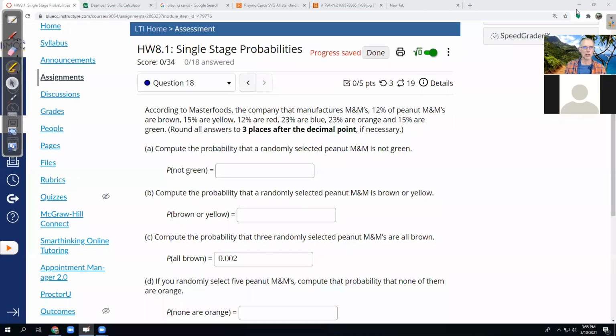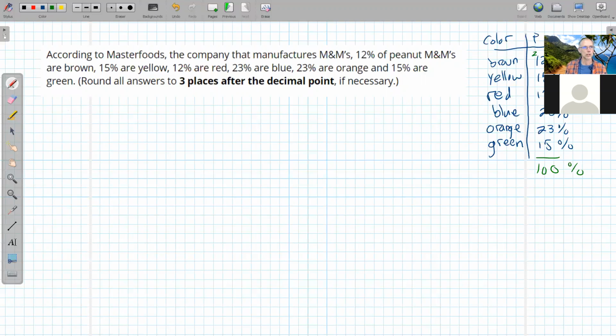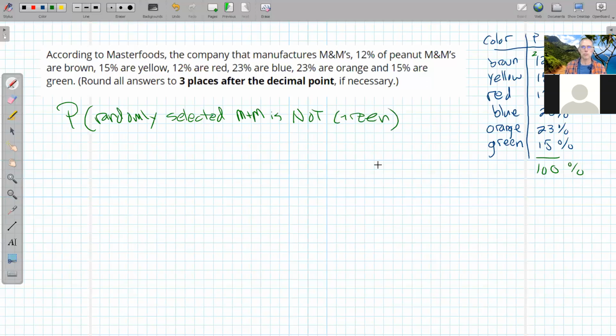So the probability of not green. Compute the probability that a randomly selected peanut M&M is not green. And the random selection is important. So there's two ways to solve this problem.